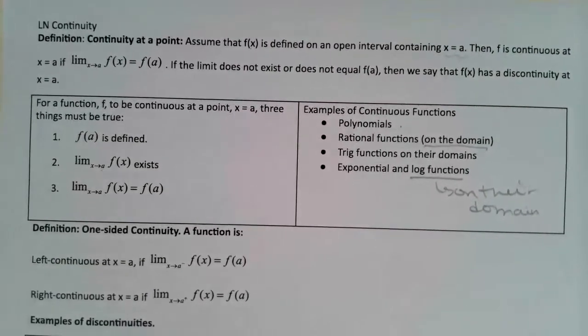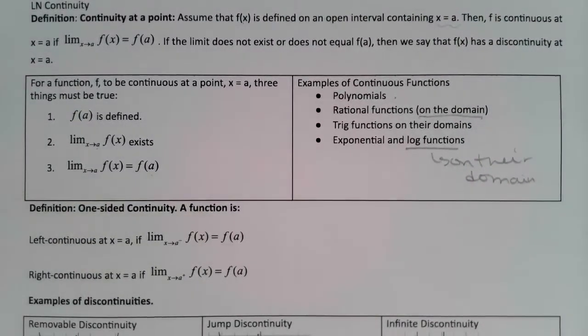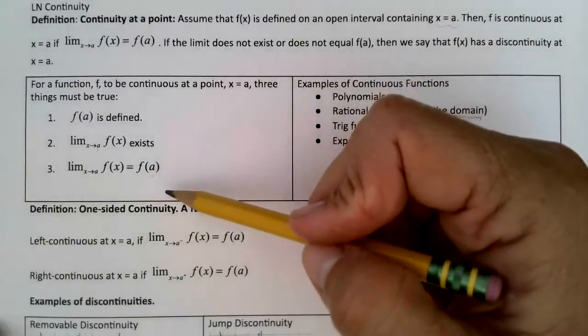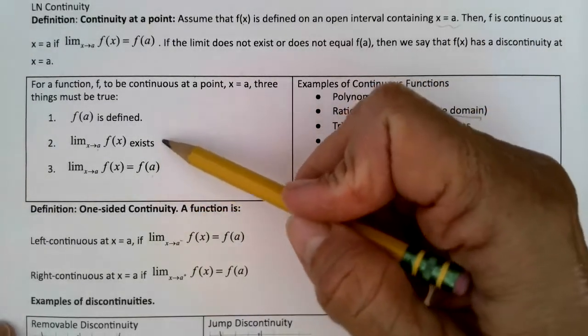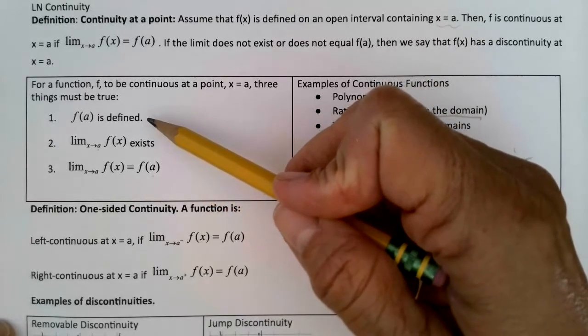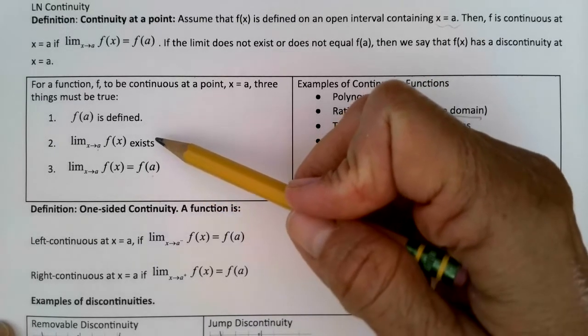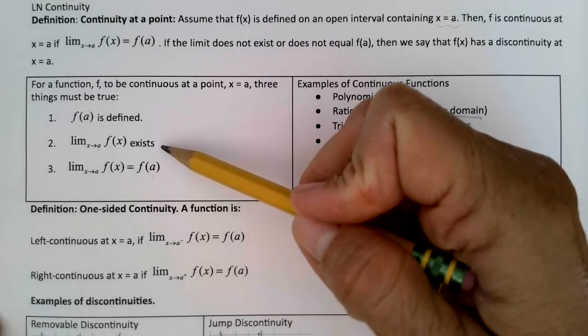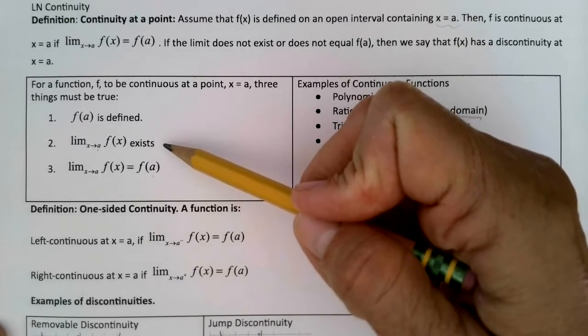So you'll get a chance to decide, in your homework at least, if a function is not continuous, which one of these three things it's missing. So sometimes it'll just be a hole that's not filled in. Sometimes the limit won't exist, for one reason or another.